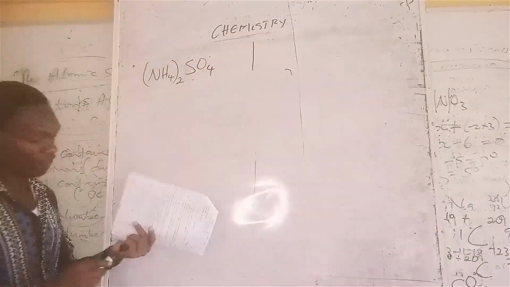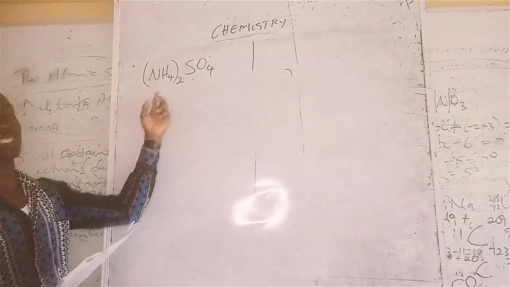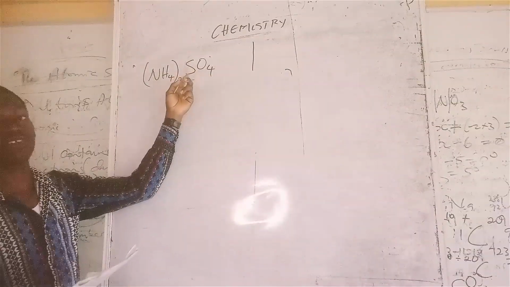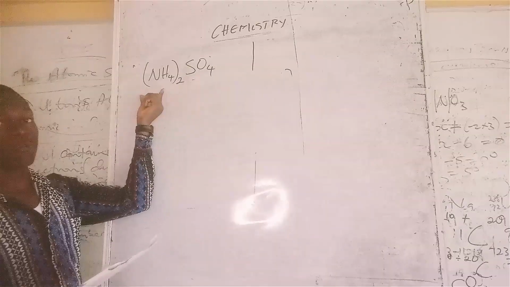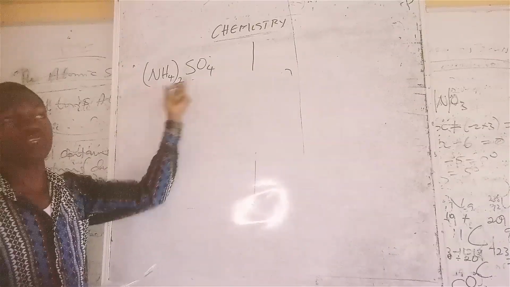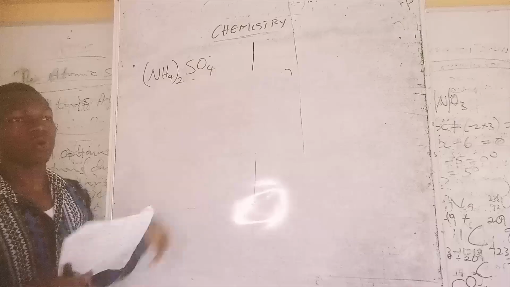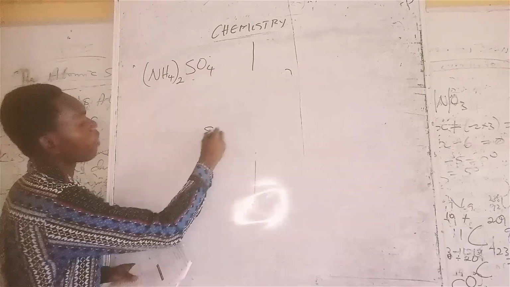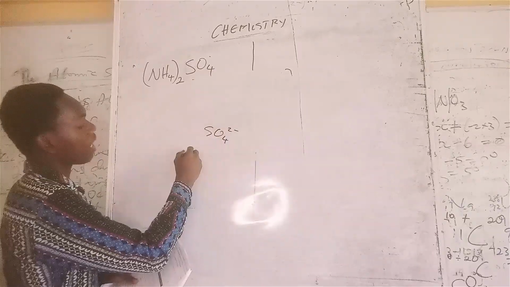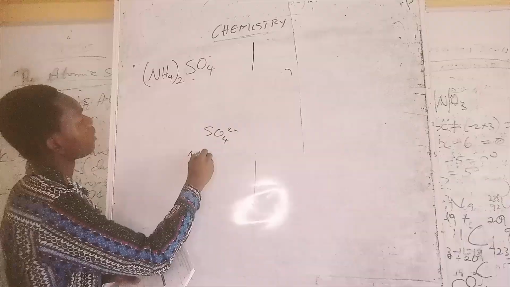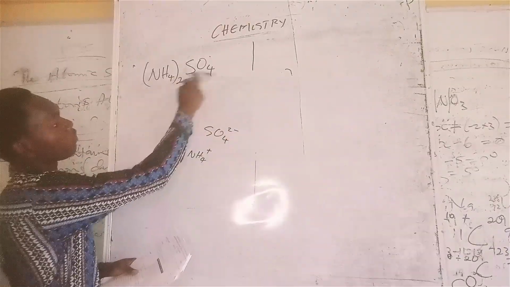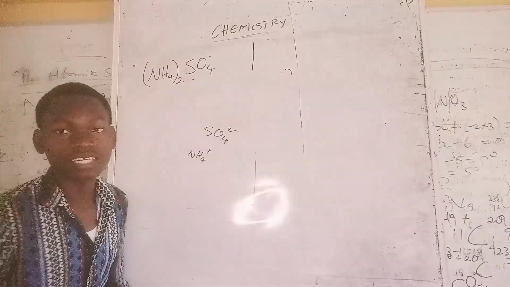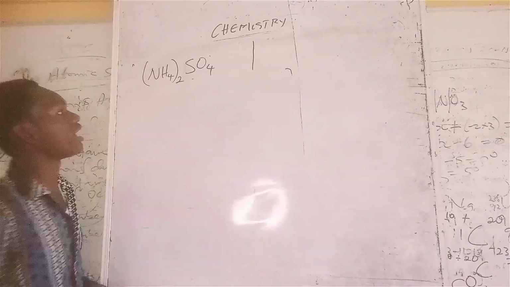So this is the formula for ammonium tetraoxosulfate 6. It simply means that 2 of ammonium are required to combine with SO4, because the oxidation number of SO4 is -2 and ammonium is +1. Alright, now let's do that.